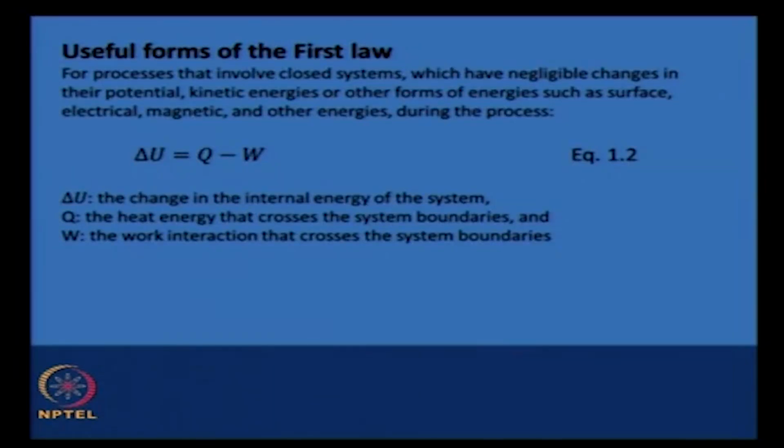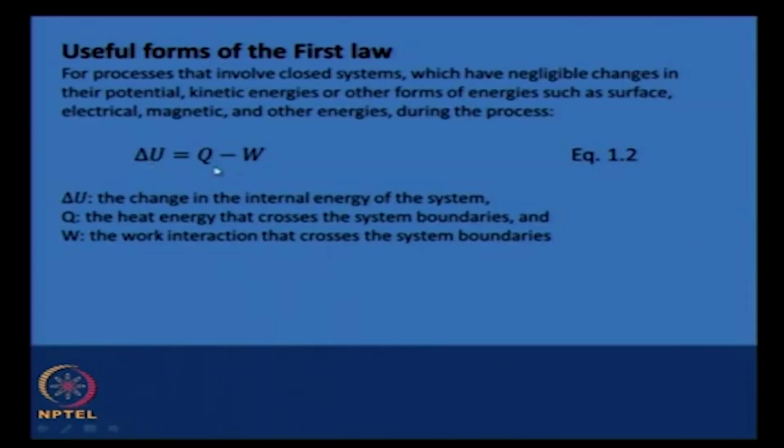For a closed system, when there are negligible changes in other kinds of energies such as potential energies, kinetic energies, surface energies, magnetic energies, and other kinds of energies, then you can relate the change in the internal energy, delta U, to the heat interaction across the system boundaries and the work interaction across the system boundaries. Delta U equals Q minus W is a useful statement of the first law for us.